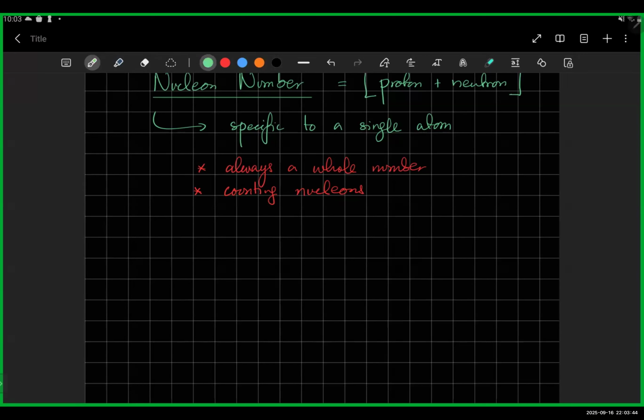Okay, moving on. Let's talk about the relative atomic mass again. Okay, that's the first thing that we're going to do. And we're going to talk about there's a small topic which we're going to do, and that's known as mass spectroscopy.